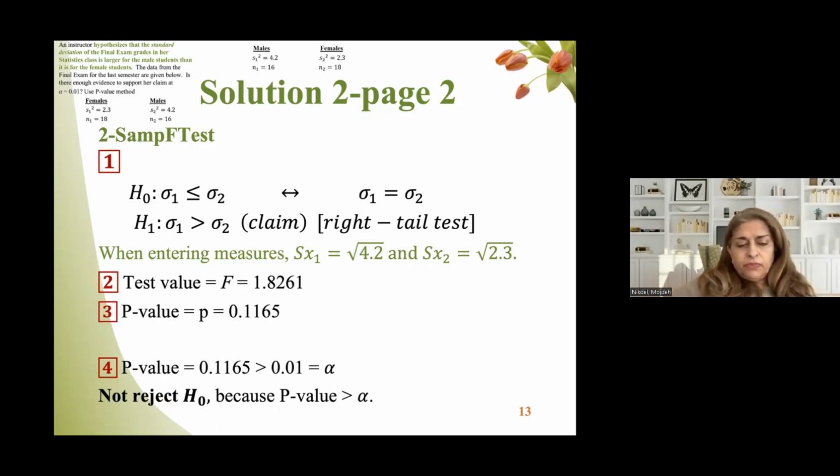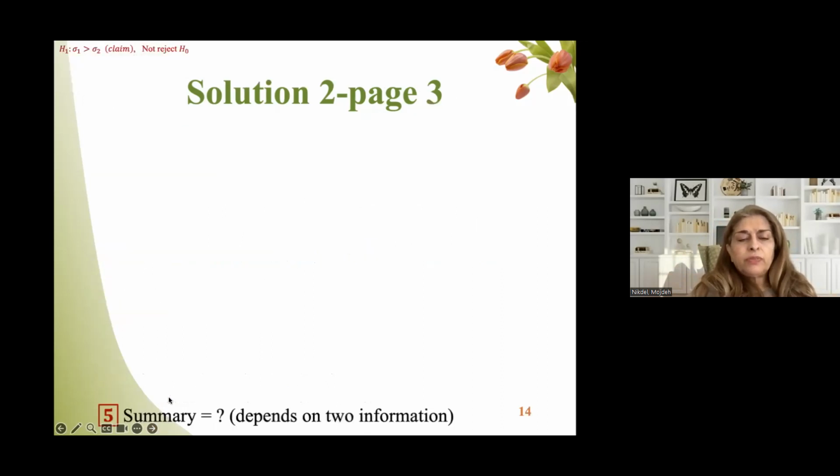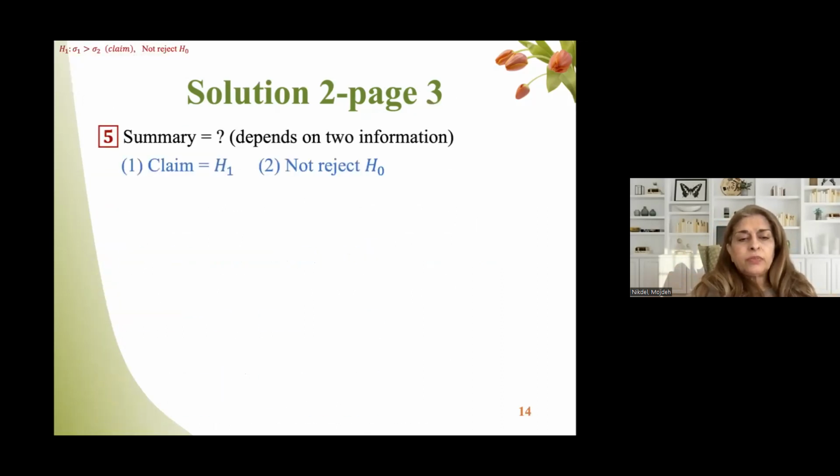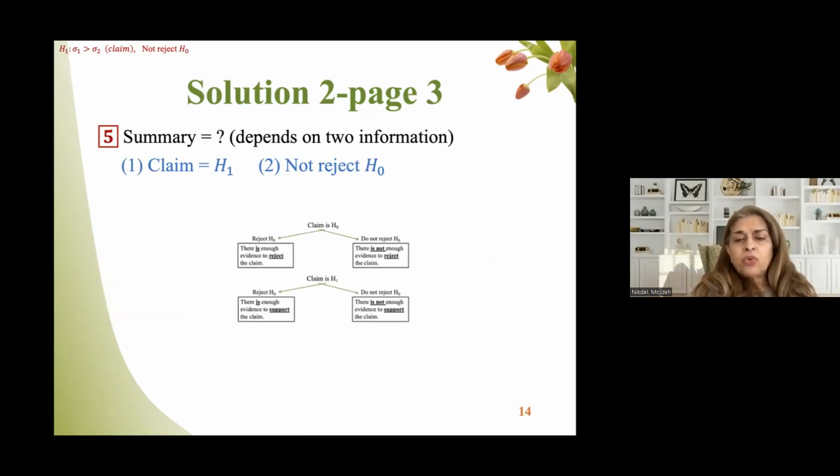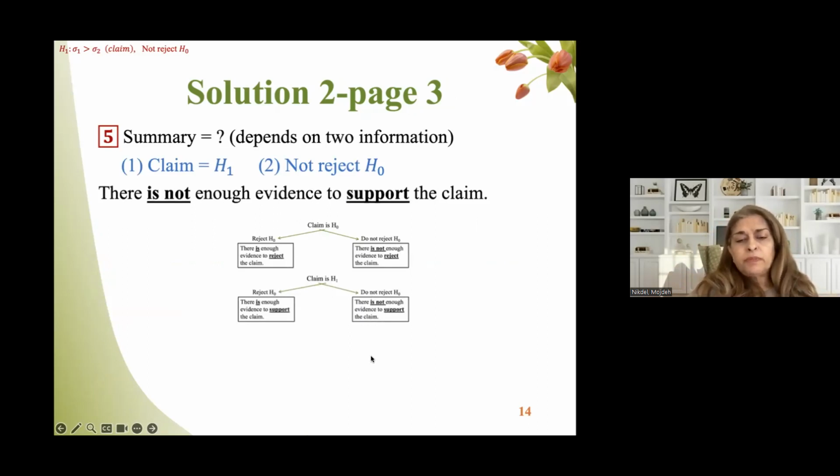Okay. For the summary, our claim was H1 and we did not reject null. So according to our hypothesis testing outcome, there is not enough evidence to support the claim.